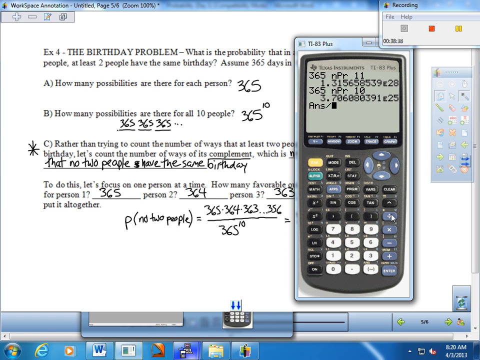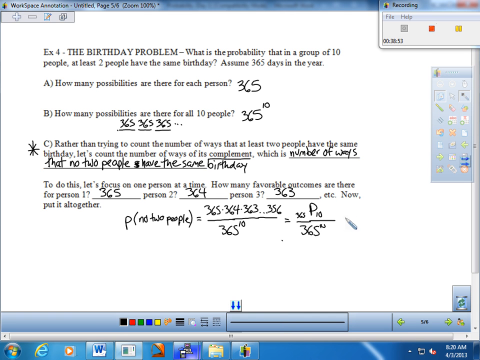I'm going to now divide that by 365 raised to the 10th. And so what we have going here is that the probability that no 2 people have the same birthday is about 88.3%. All right, so I'm going to write that right here. 88.3. That would be the probability that no 2 people have the same birthday from a group of 10.